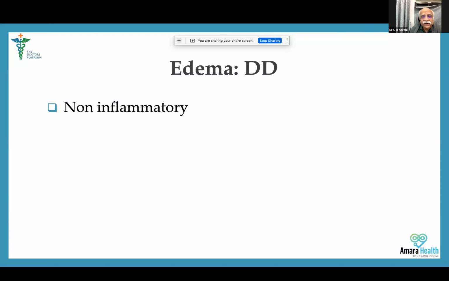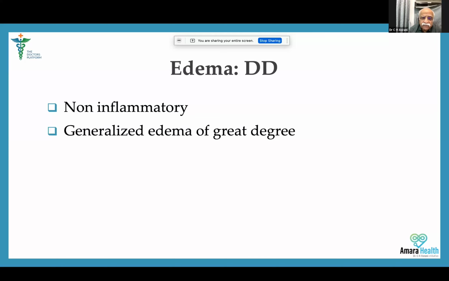Non-inflammatory or inflammatory edema; inflammatory edema is because of trauma, because of allergy. Generalized edema of great degree, very severe: you put your finger or thumb for 5 seconds, there is almost a 2 or 3 millimeter depression. Cardiac, hepatic, renal.